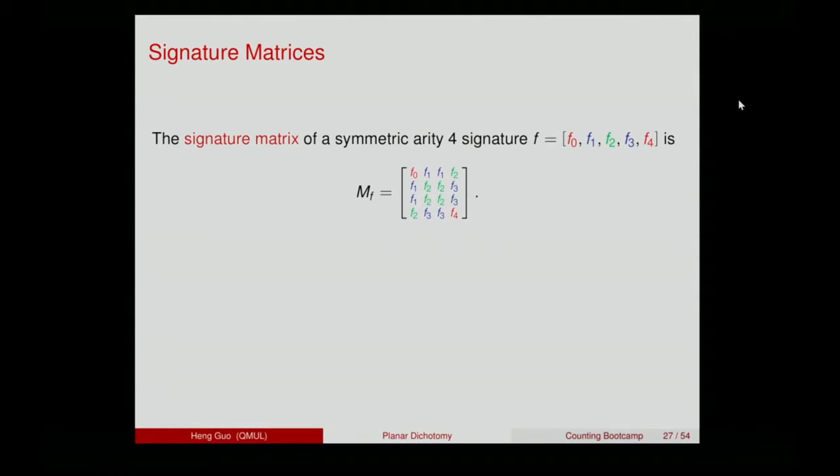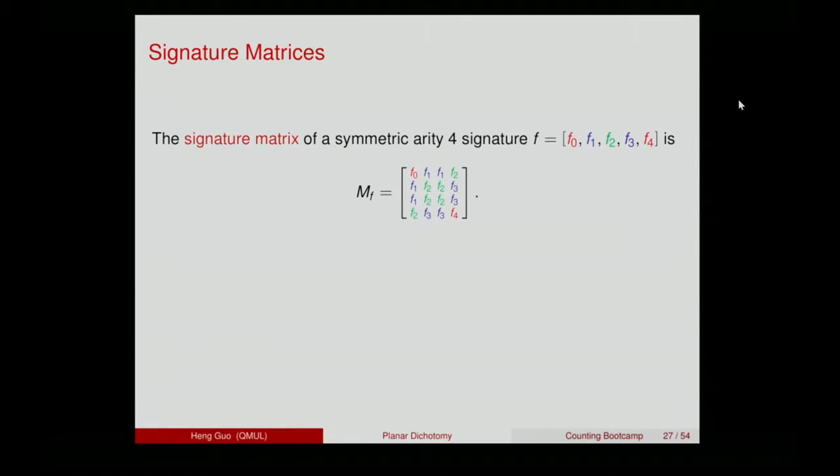So we consider symmetric functions. It has 5 entries in the bracket notation: f0, f1, f2, f3, f4, and we write it in this matrix notation, where we index 2 variables as input and 2 variables as output. So it's 00, 01, 10, 11 to index the row, and similarly for the column.